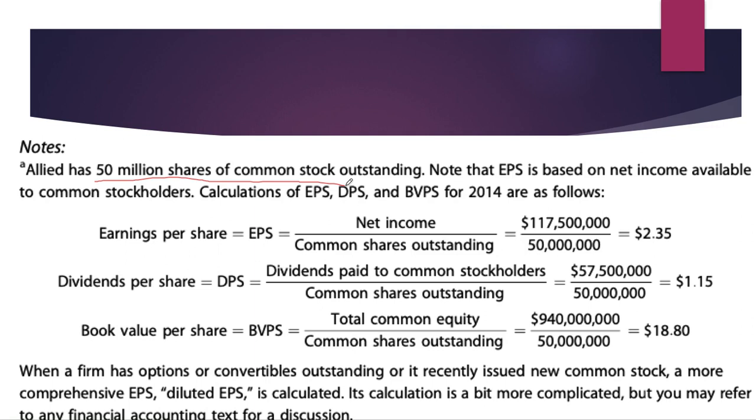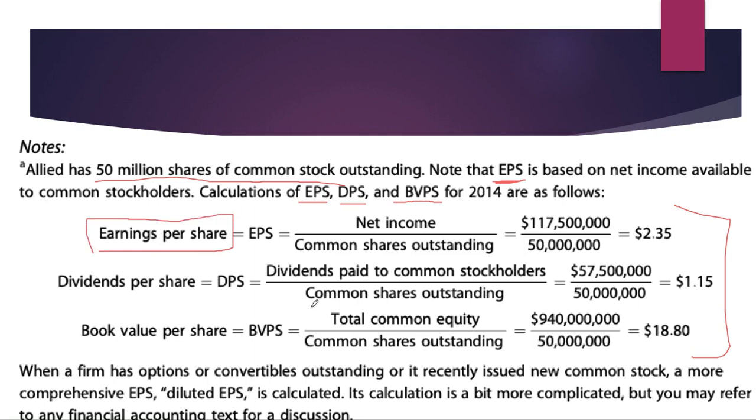Based on net income available to common stockholders, the earnings per share number is calculated. Calculations of earnings per share, dividend per share, and book value per share for 2014 are given as a result of these calculations. So first of all, how do we calculate the earnings per share?